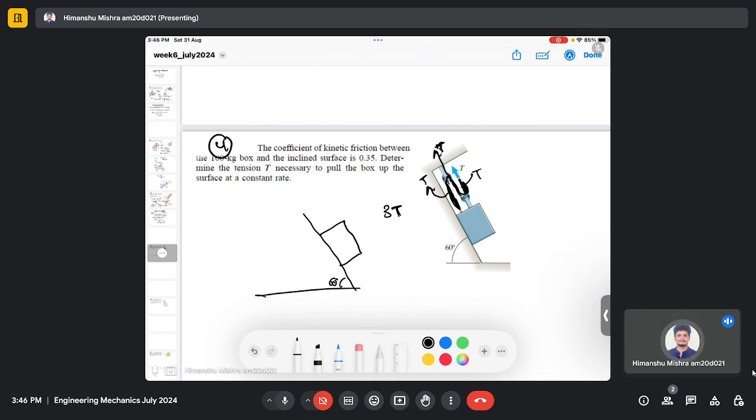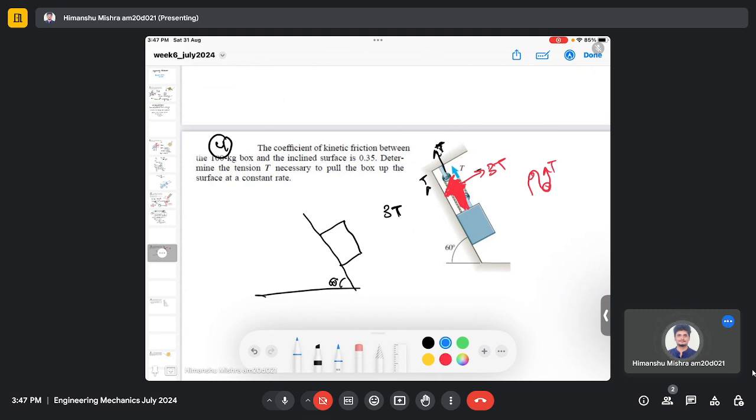So you can actually replace this tension force with an equivalent force here, which is 3T. And this 3T comes because these ropes are elongated in such a way.